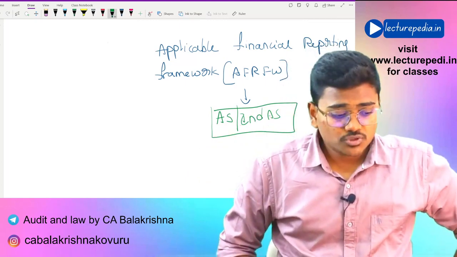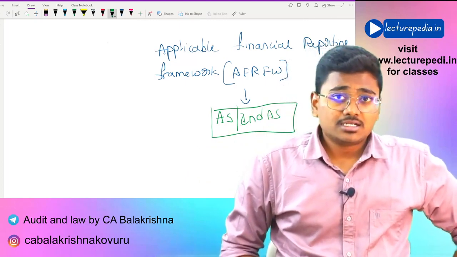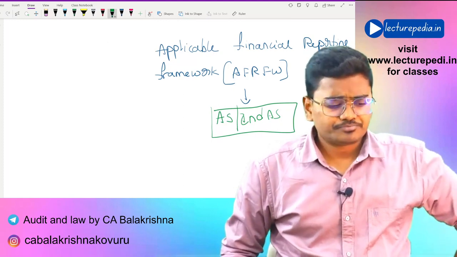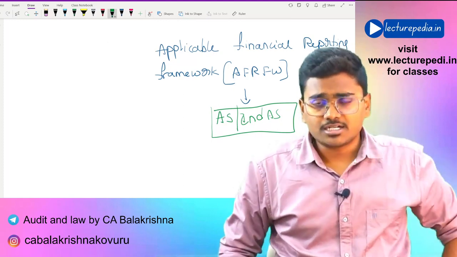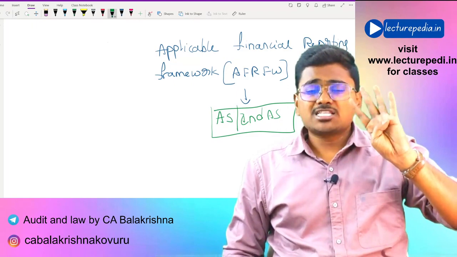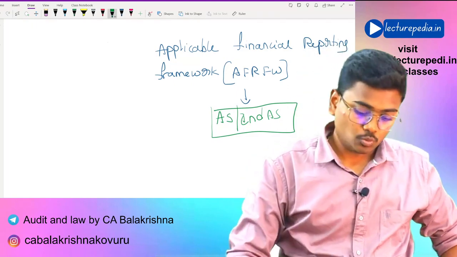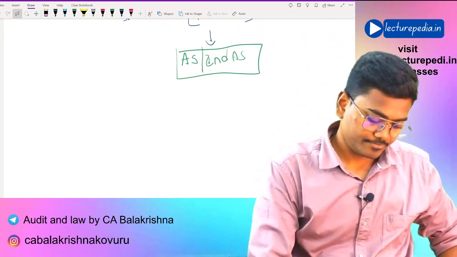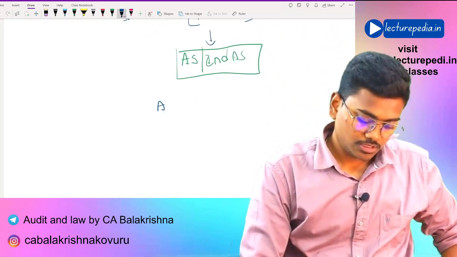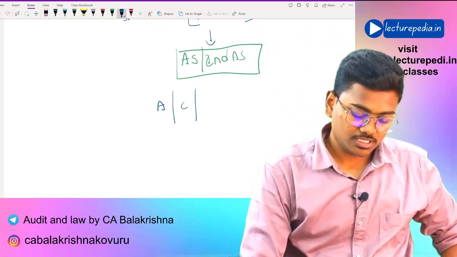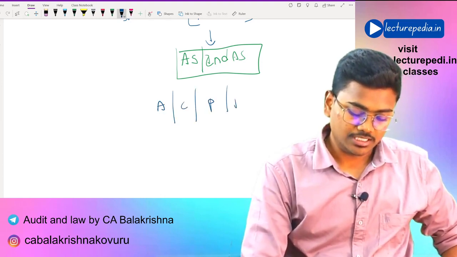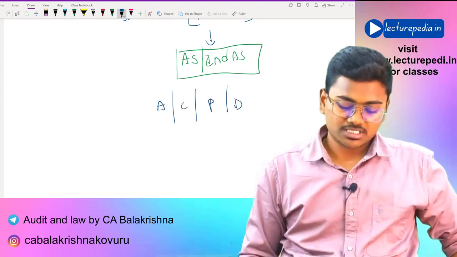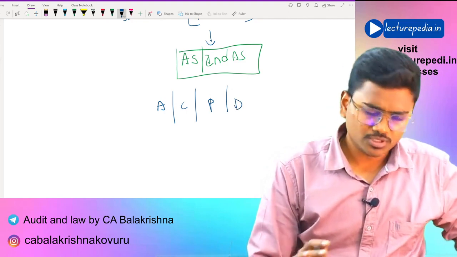Now, in almost every standard, 4 aspects will be discussed. What are those 4 aspects? A, C, P, D. These 4 aspects will be discussed in almost all the accounting standards.